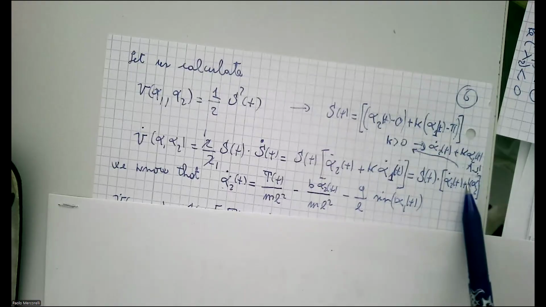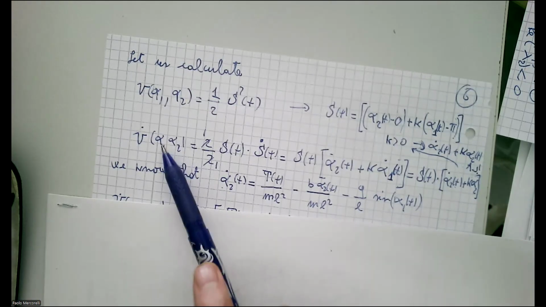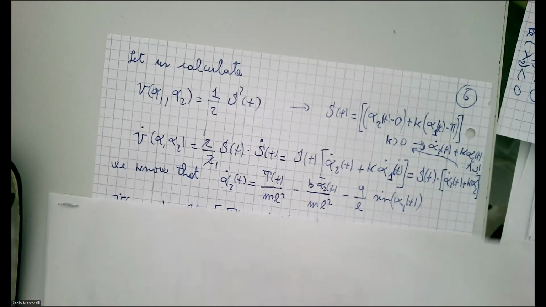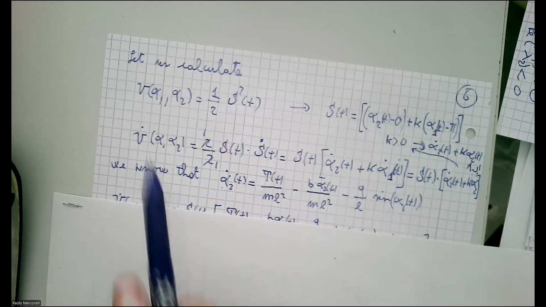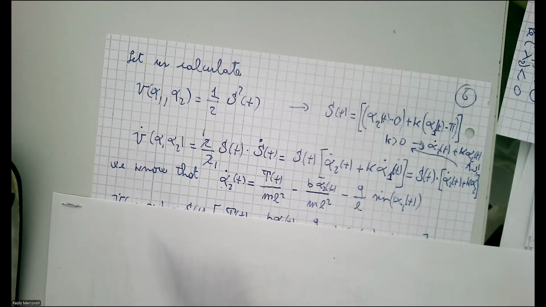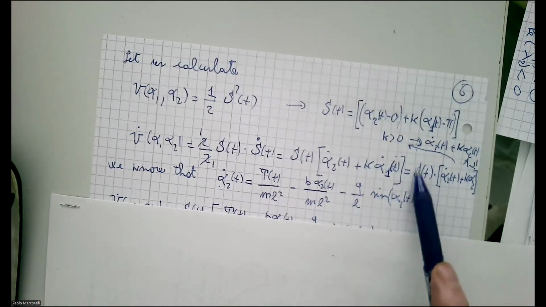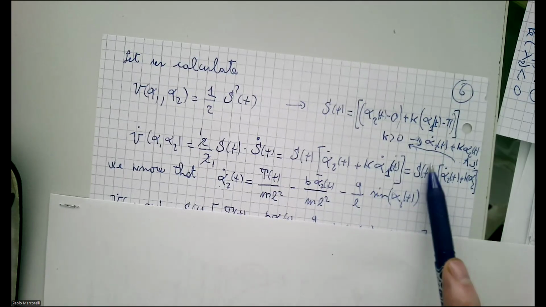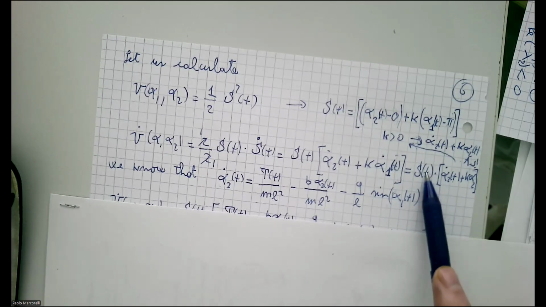K must be positive, because otherwise I have an unstable dynamics for the derivative of V. Around the point, it is not zero yet; zero is exactly at the point.